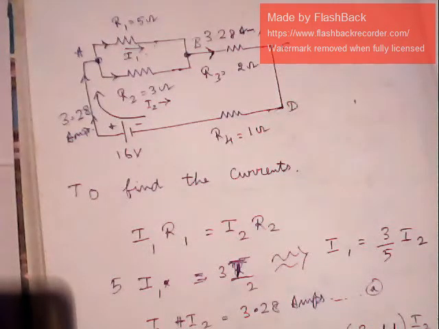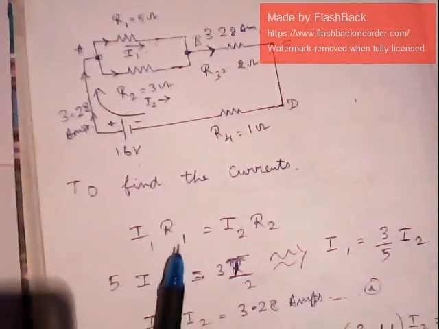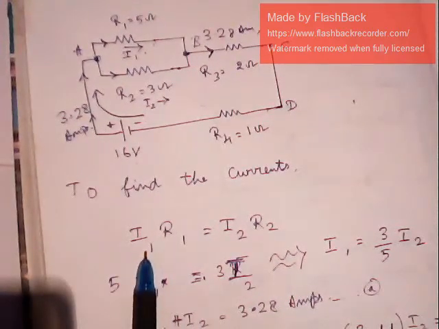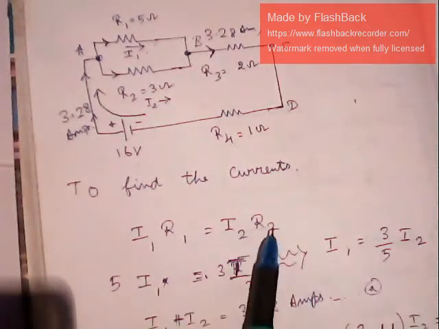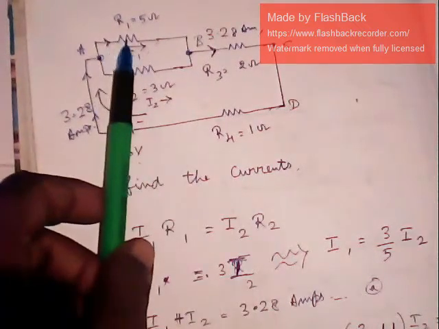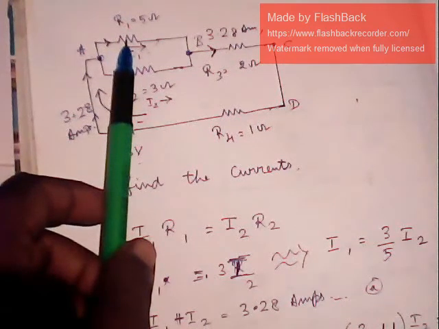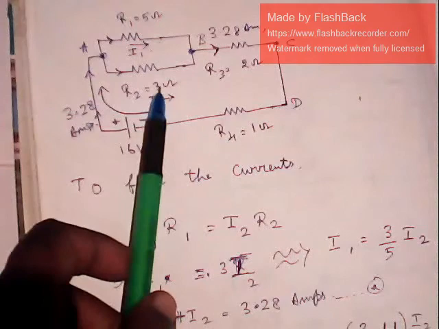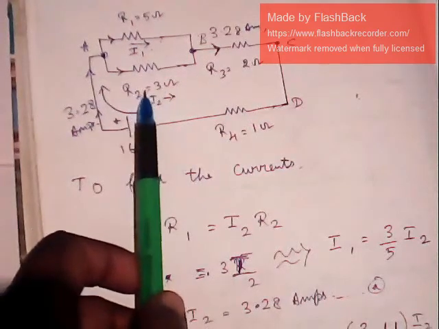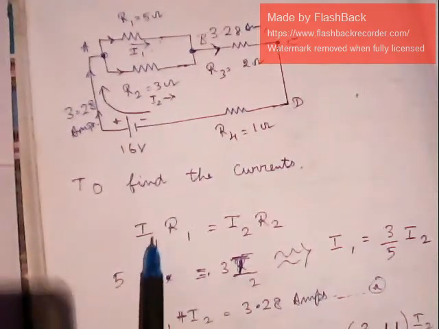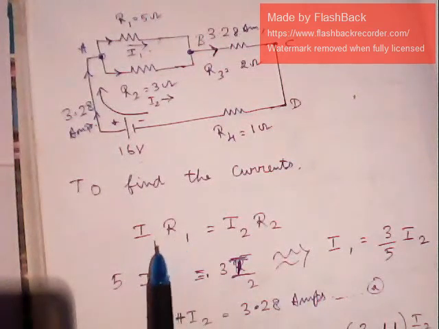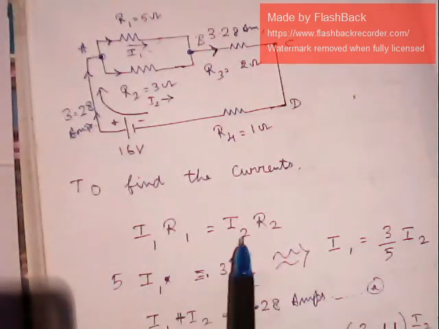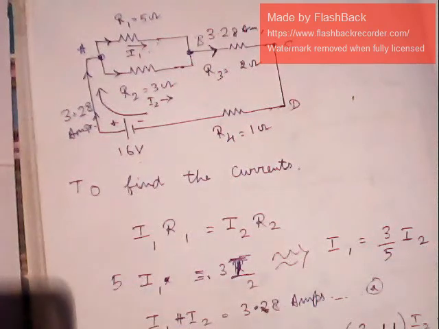Hence, in order to find the currents, I start with this equation: I1 R1 is equal to I2 R2. Here I1 is the current through resistor R1, and I2 is the current flowing through resistor R2. So now I write this equation: I1 R1 is equal to I2 R2.